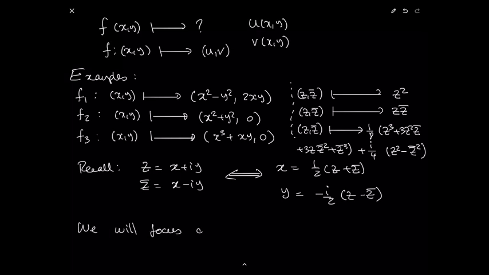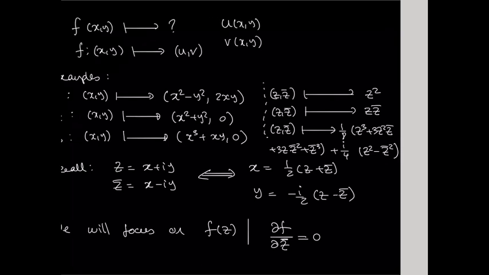Now, what we are going to do in this lecture course is we will focus on functions of z alone. Okay? This means that they do not depend on z bar. Another way of putting this is that we're going to concentrate on functions which are independent of z bar. Okay? So let's consider some examples.